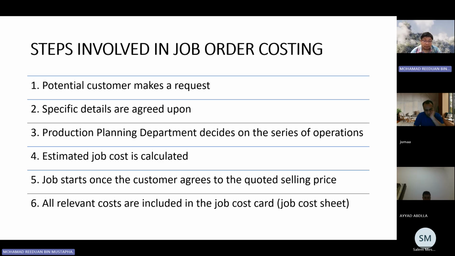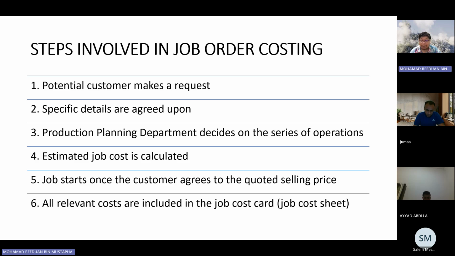So the job starts when the customer agrees on the quoted selling price. If the customer does not agree, it is quite risky for you to proceed with the requirement from the customer.